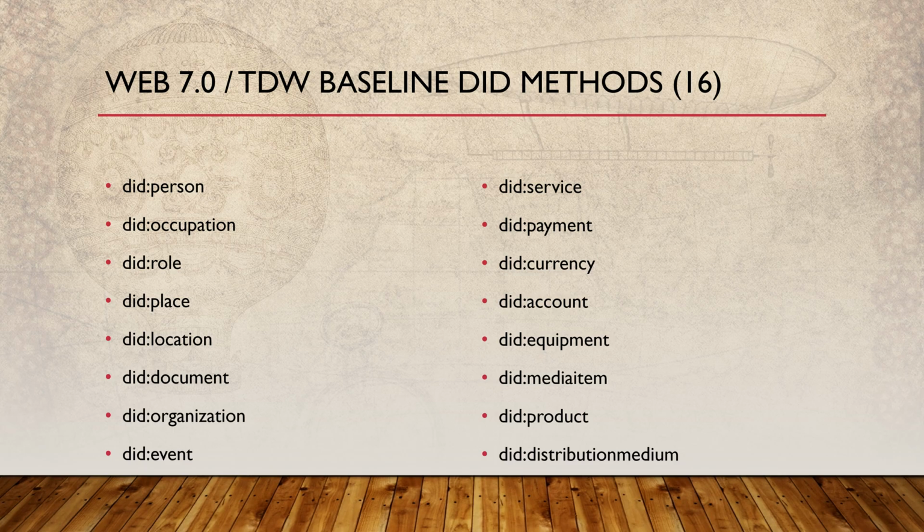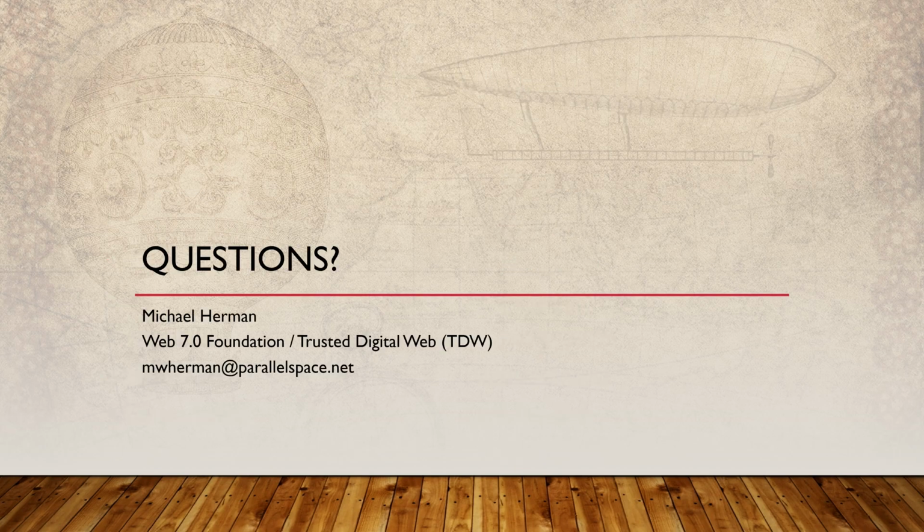In terms of the baseline or common shared DID methods, here are some examples. These would be used by the Toronto Songwriter Performer app, but they would also be usable by many other applications because of their generality. So we've seen a total of 66 methods.